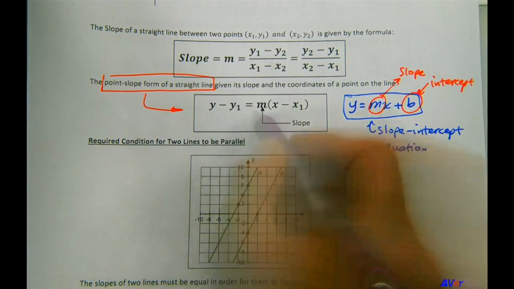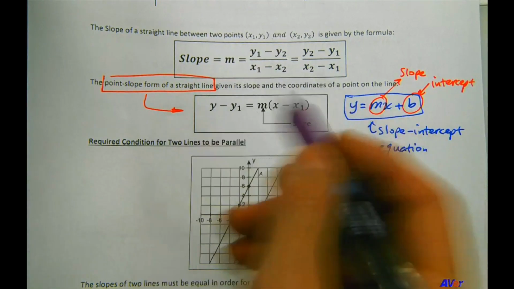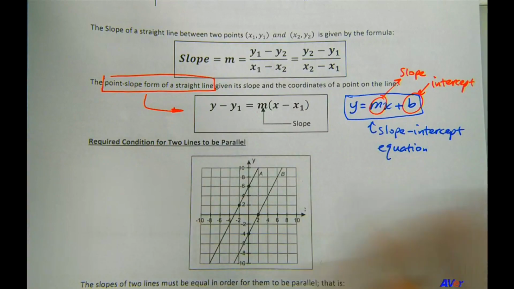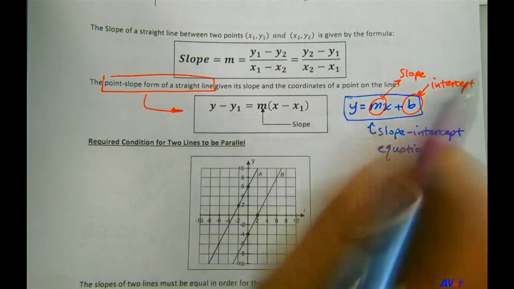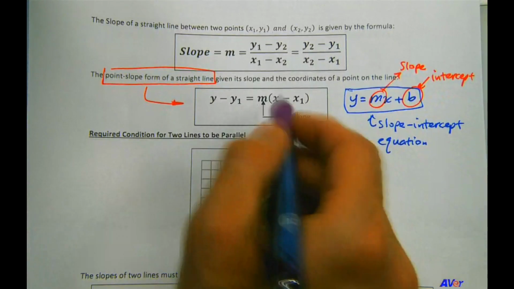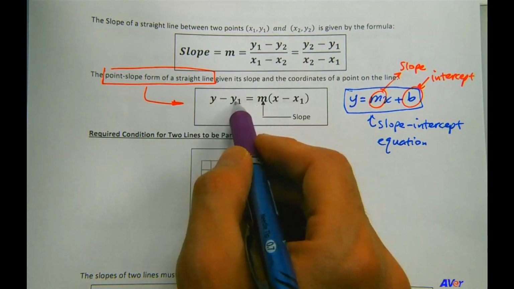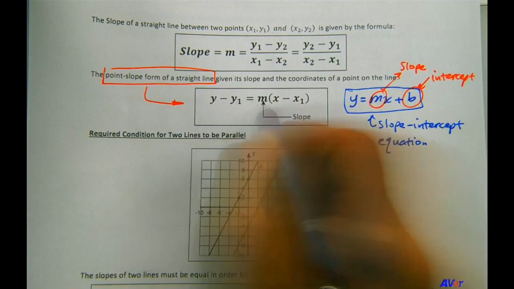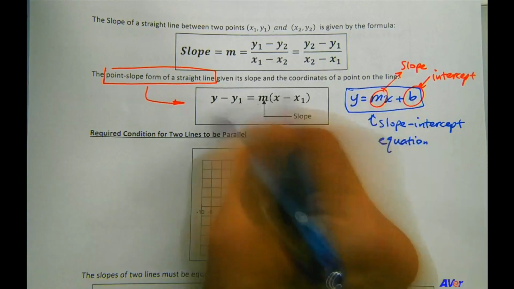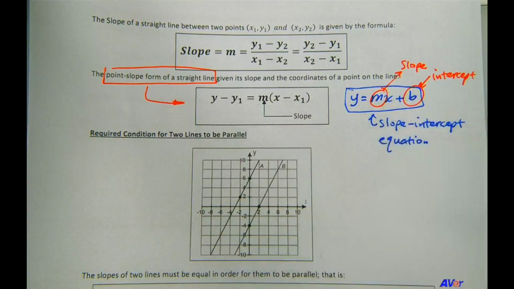But this will do that all for you in one go. Okay? In one go, it'll give you the whole equation once you know the slope and the coordinates of one point on it. So this one gives you the intercept as you simplify it. It'll give you that anyway.